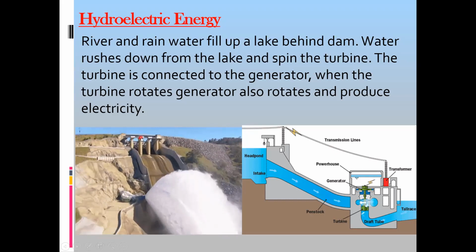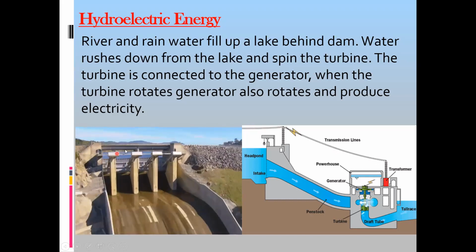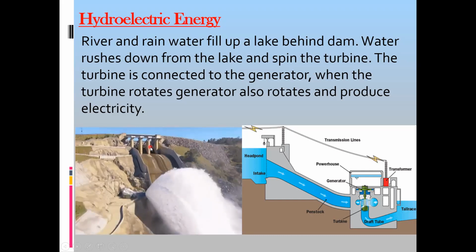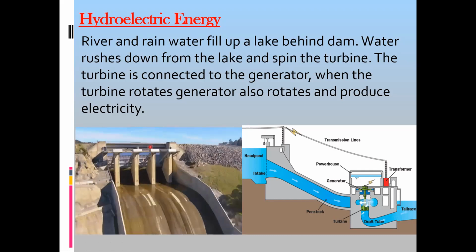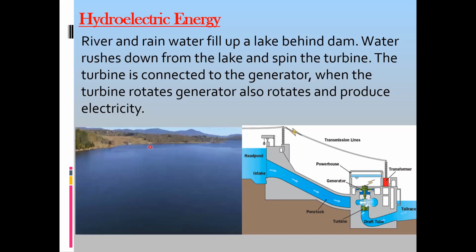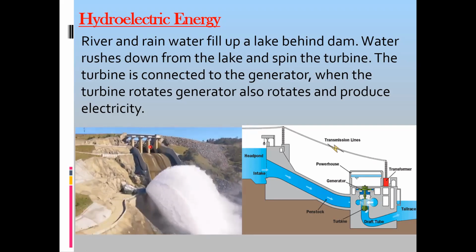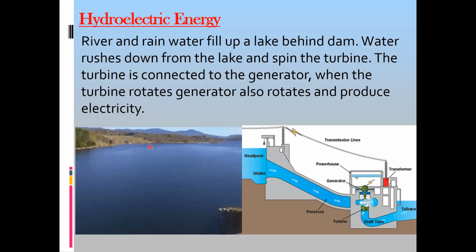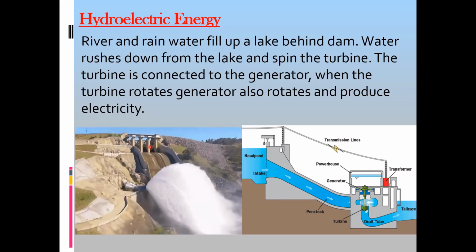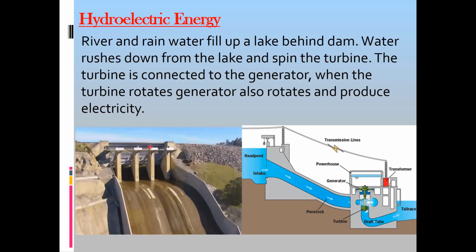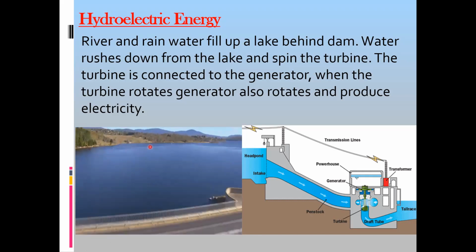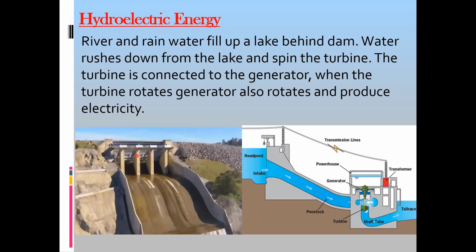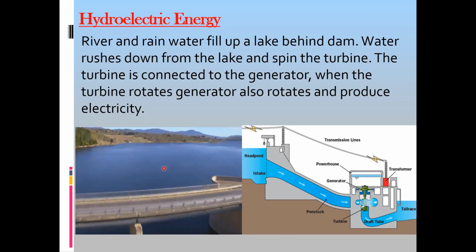Dams are built on rivers and lakes, and the main source of water coming to rivers and lakes is the rain. So it can vary sometimes. If we have too much rain, then the water level will be much higher compared to the case of drought. So the water level may vary depending on the amount of rainfall in that specific year.